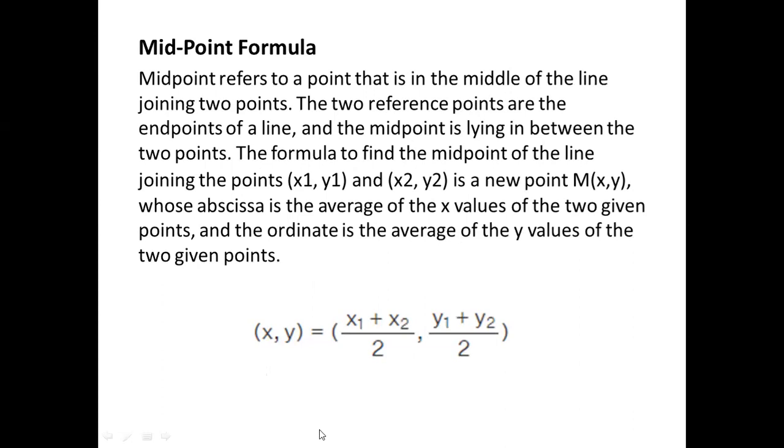The formula to find the midpoint of two points, x1, y1 and x2, y2, gives the new point M with coordinates x, y. We find the x coordinate as x1 plus x2 divided by 2, and the y coordinate as y1 plus y2 divided by 2.